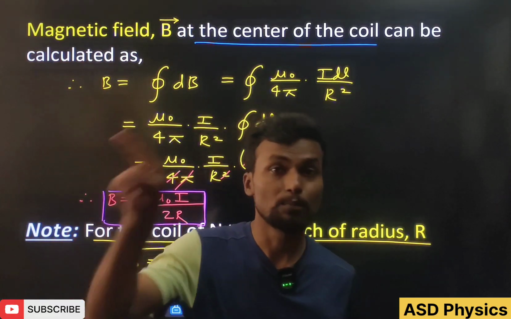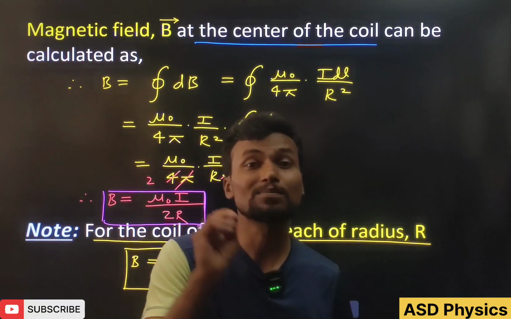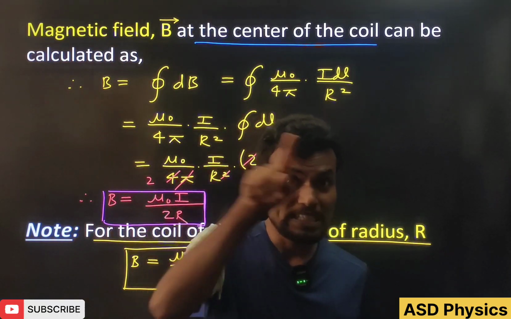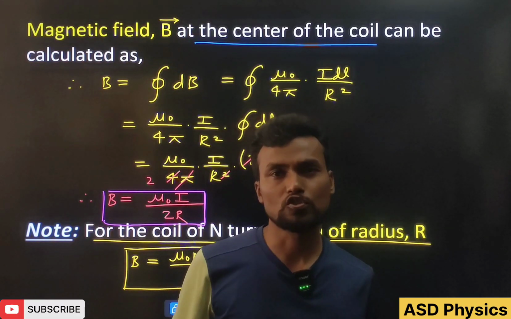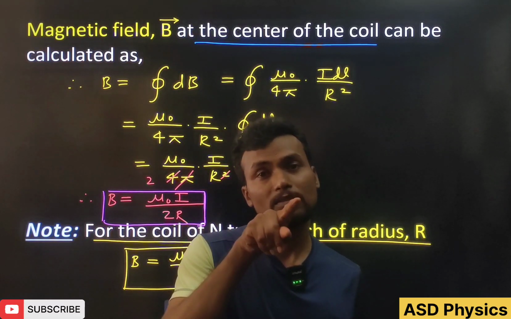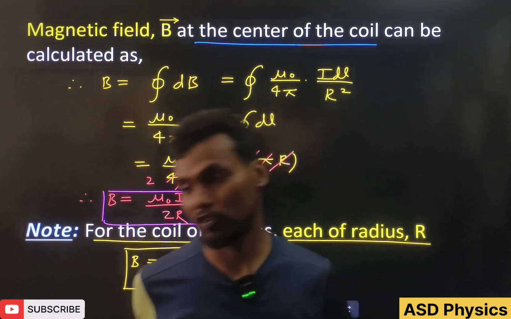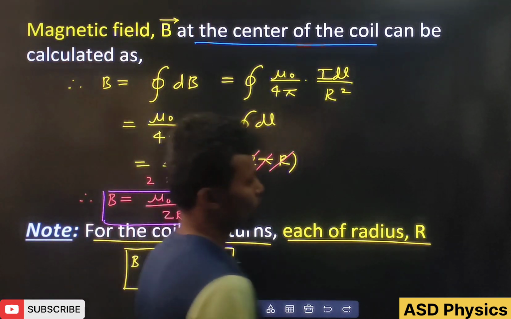When you are increasing the number of turns, the length of the wire will also increase, because this concept is important, because sometimes length of the wire will keep on increasing and the radius will be fixed. In second case, question used to come when the length of the wire will be fixed and they will ask the magnetic field. Okay, so there we have to use a little bit different concept, is it? So remember that here we have got this one here, mu naught N I by 2r here.